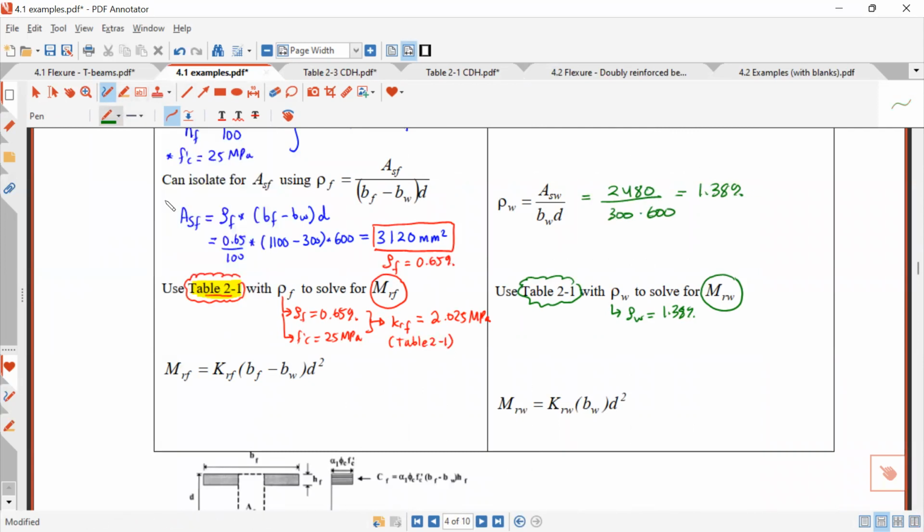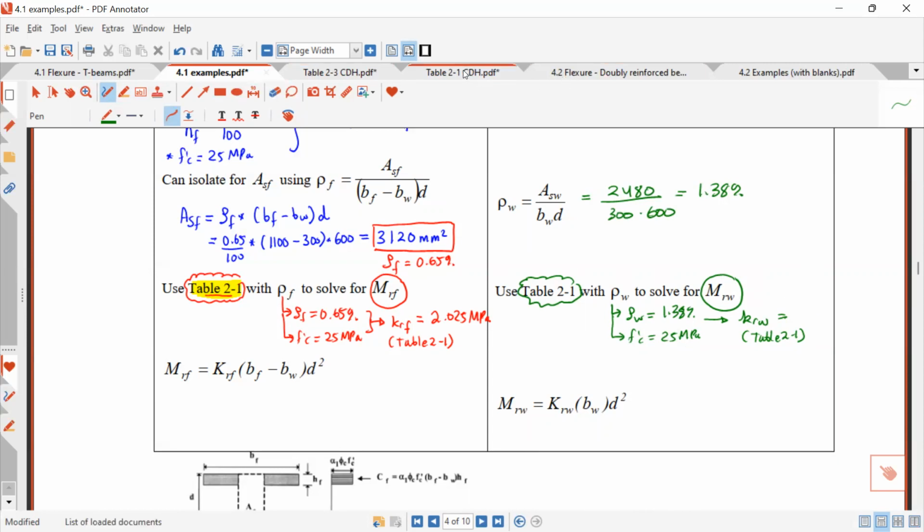I'll go to this table 2.1, but now I'll use rho W. So here I'm going to take rho W, and I'm going to take the same F prime C of 25 MPa, and I'm going to solve for KRW, I'm going to call it. And again, it's from table 2.1.